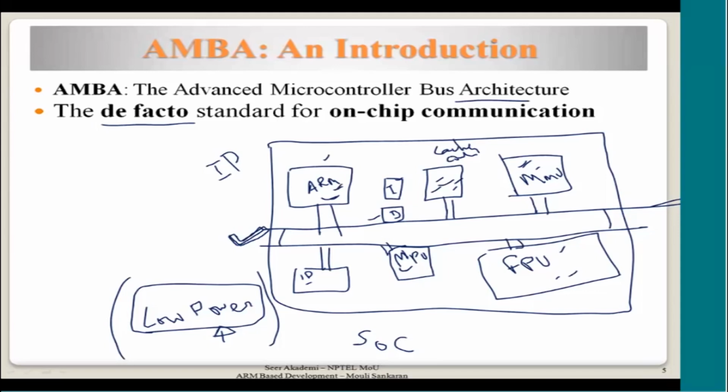People can build their own IP and interface it with it. So that's the way this market grew unprecedentedly. So making an SoC with this interconnect along with these modules is the aim for coming up with this standard.